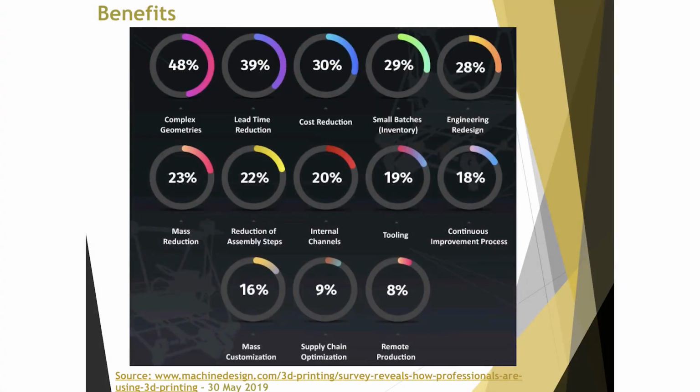So that's quite a big opportunity over there. Internal channels, I'll show an example later where you can print conformal cooling channels in tooling. Tooling as well, continuous improvement in processes, and then the smaller ones, mass customization, supply chain optimization, and remote production.